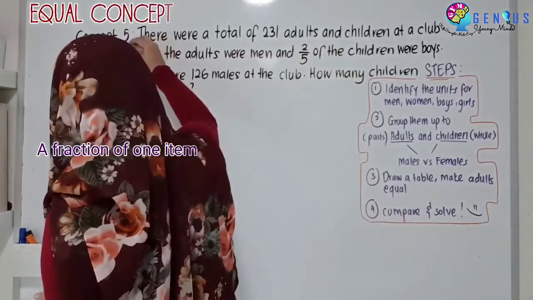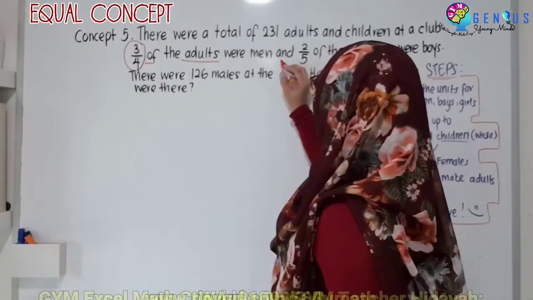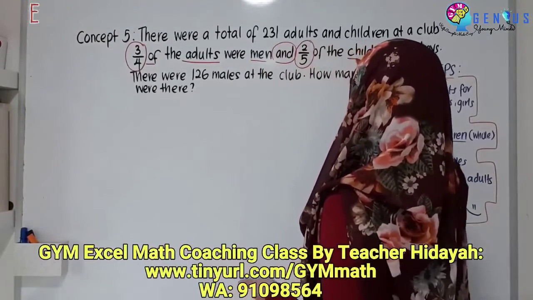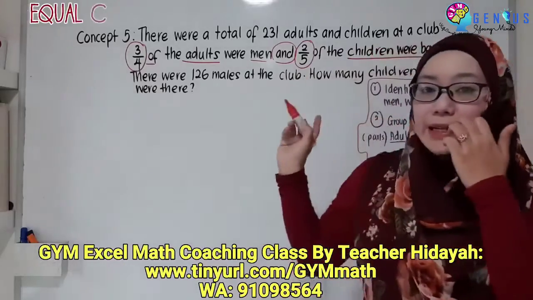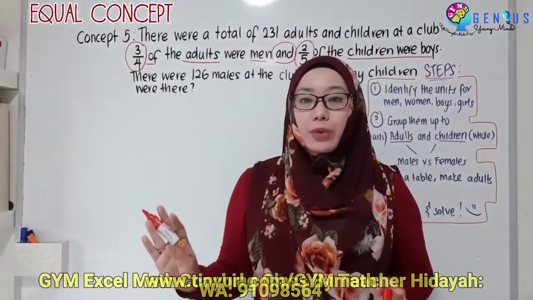Fraction of adults were men and a fraction of the children were boys. This sentence tells us this is equal concept straight away.